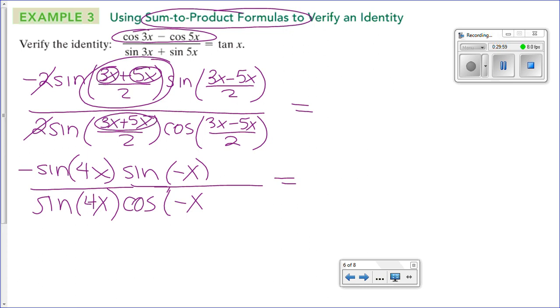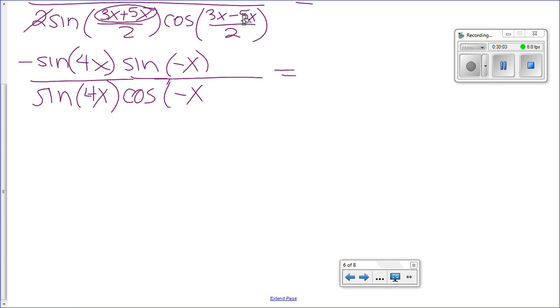Okay, so we're almost there, guys. Now, you could see that sine of 4x and sine of 4x are exactly the same, right? So we could cancel them because they equal to 1. But we still have this negative sign out here, so let's keep track of it.